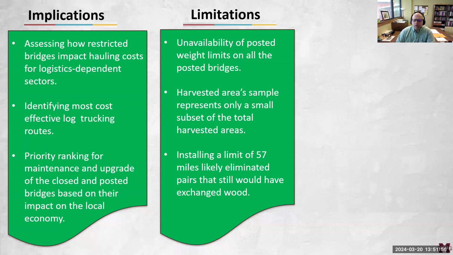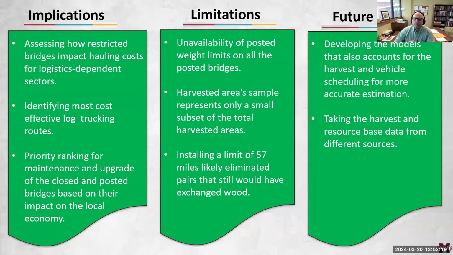Installing a limit of 57 miles likely eliminated pairs that would have exchanged wood, so we could try to flex that out a little bit. Again, you're always balancing mathematical simplicity with real-world reality, and there are limits in terms of how well you can match those up.